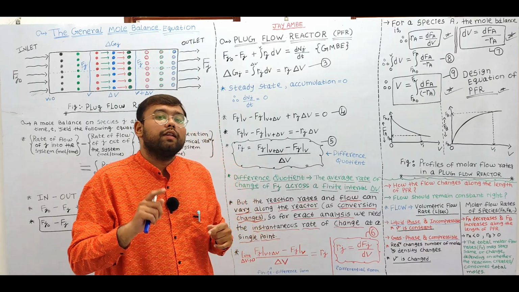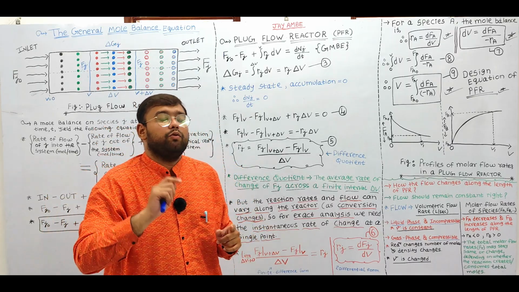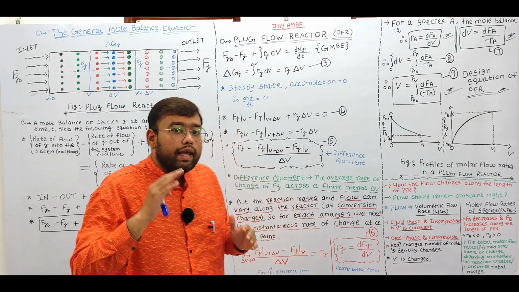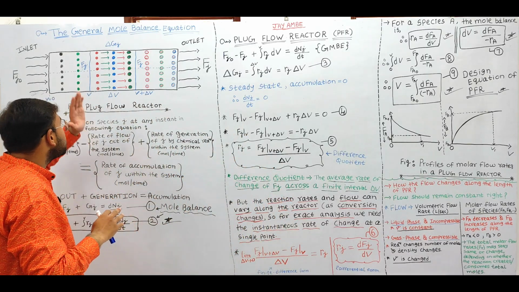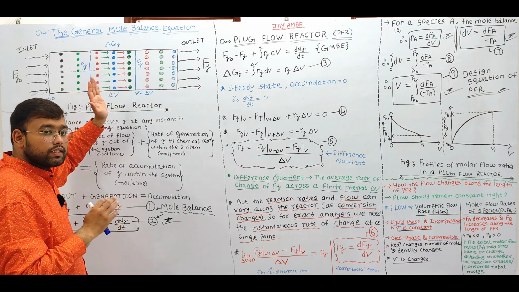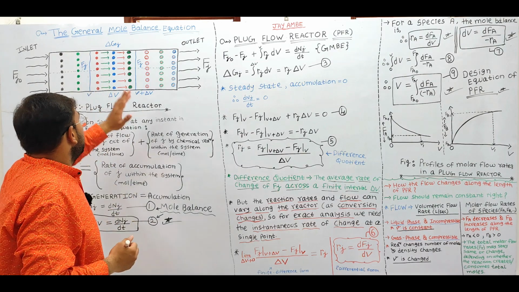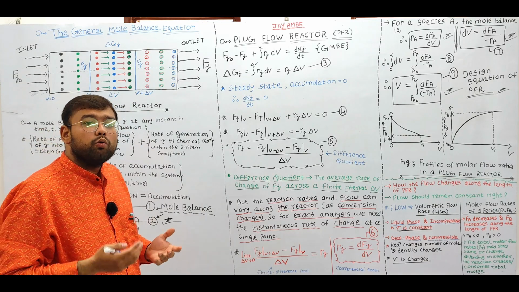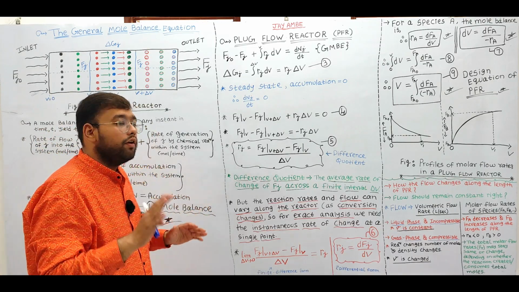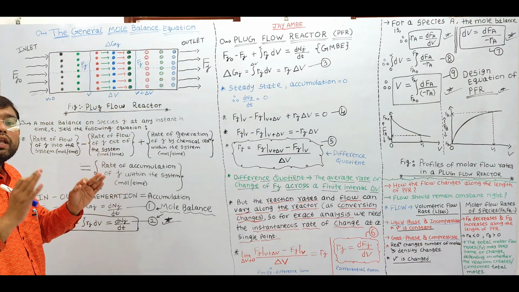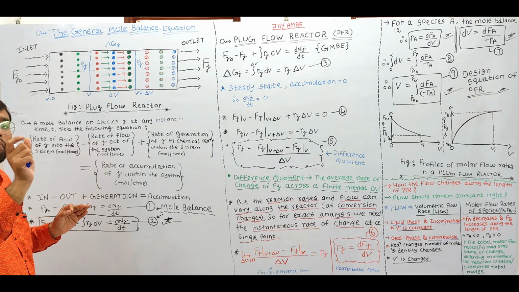Now why we are applying the limit of delta V tends to 0, I will explain simply. In order to get the exact analysis of what is happening in the reactor, and to derive the design equation of the plug flow reactor, we'll divide the entire reactor volume into very small, infinitely small parts.